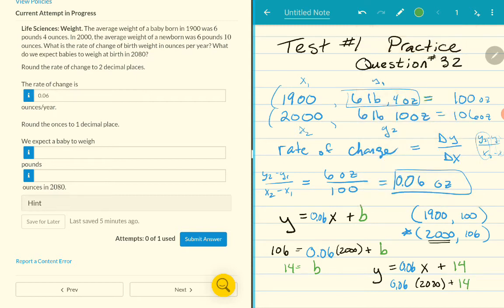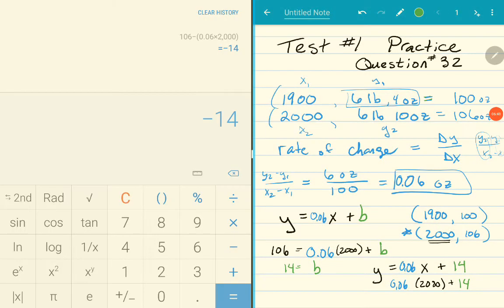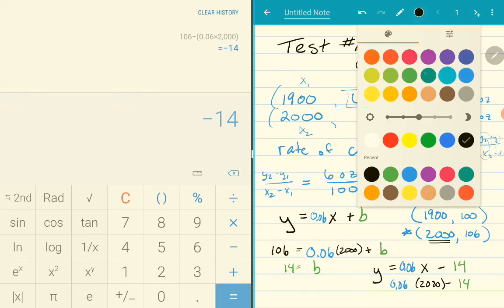And that should give me my expected baby weight, which is, need the calculator back again. Looks like that should have been a minus 14. Just looking back at my calculator here, that should have been a minus 14. B is a negative 14, not a positive 14.